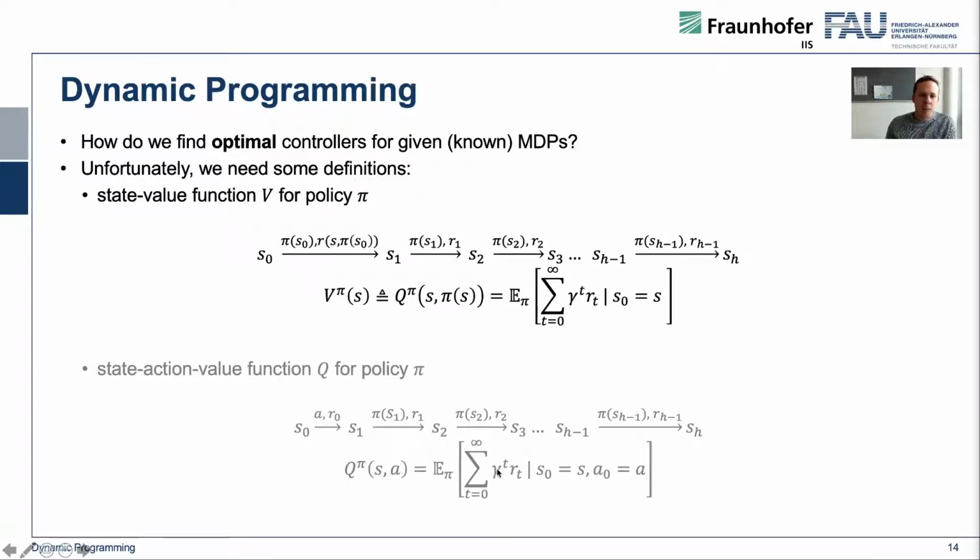So what can I expect if I'm in state S0 and I take the initial action A0 and then I keep following my policy? This needs you to keep track of every action for each state instead of just keeping track of the value of each state. So this is the basic state value function and the state action value function, which we also briefly introduced in the last lecture, but this makes it more formal.